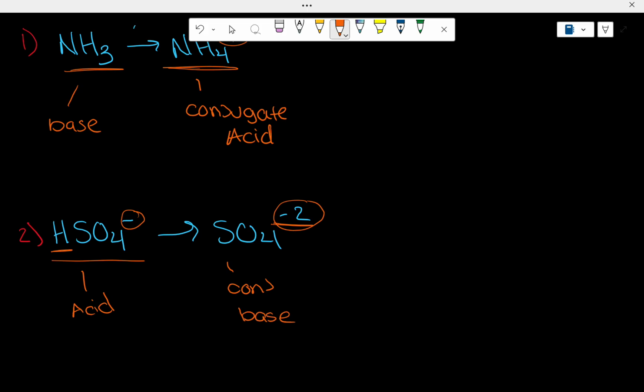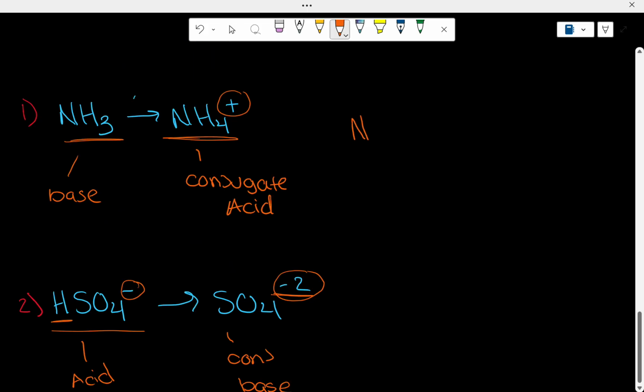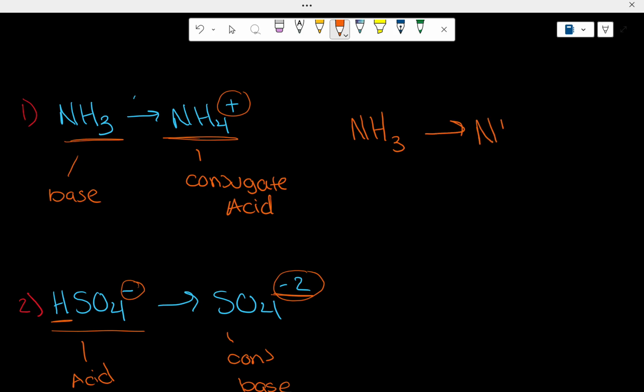And I want to clarify something real quick. You can only classify it when there's a difference between the reactants and products of just 1 proton. So for example, let's just take this NH3 right here, right? Let's just say we had NH3. Like this is wrong. You can't do that. There's a difference of 2 protons.